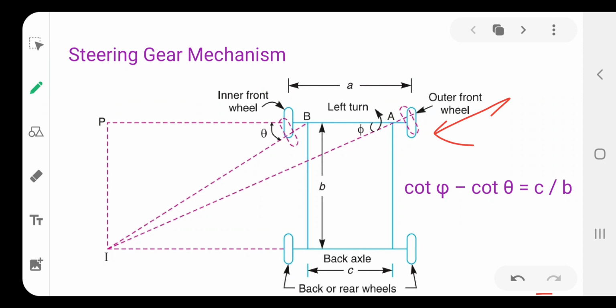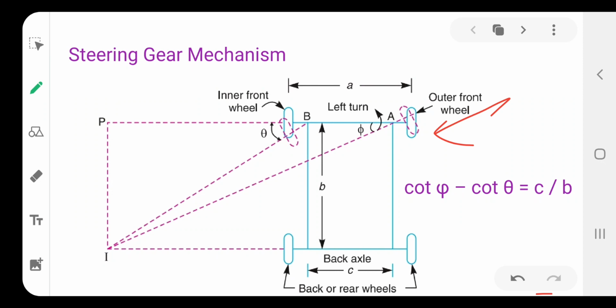The back wheels are placed over the back axle at the two ends of the differential tube. When the vehicle takes a turn, the front wheels along with the respective axles turn about the respective pivoted points. The back wheels remain straight and do not turn. Therefore, the steering is done by means of the front wheels.